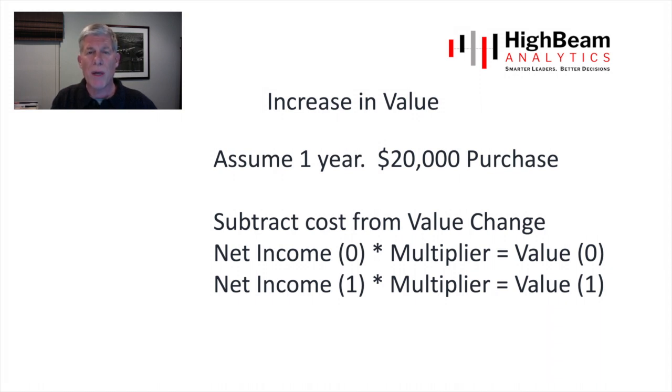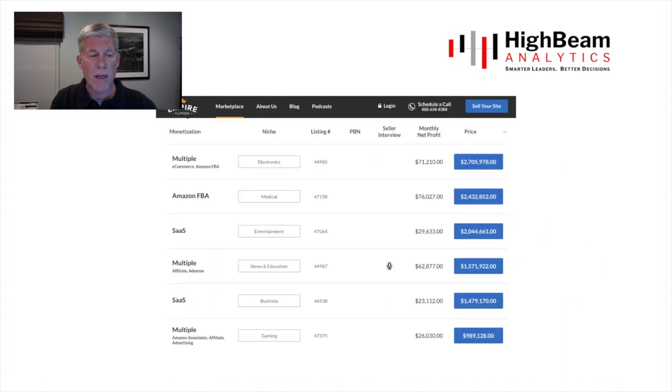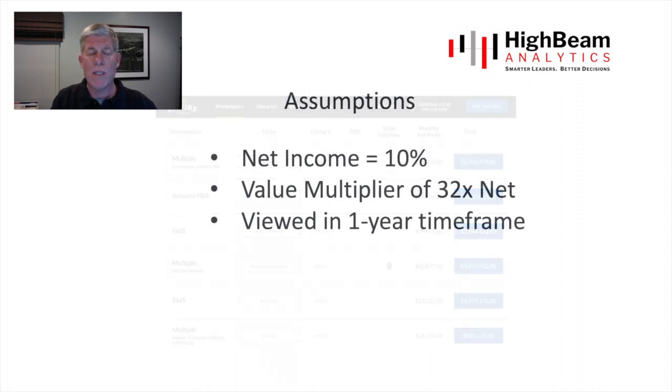To get a valuation, we're multiplying the net income number after the investment times the market multiplier. We took a series of different multipliers from a company called Empire Flippers, and we came up with 32 times net as kind of the industry average. And we're going to assume a net income of 10%.